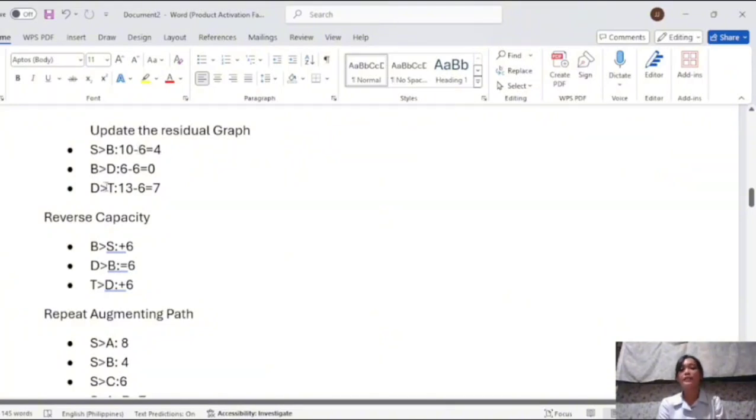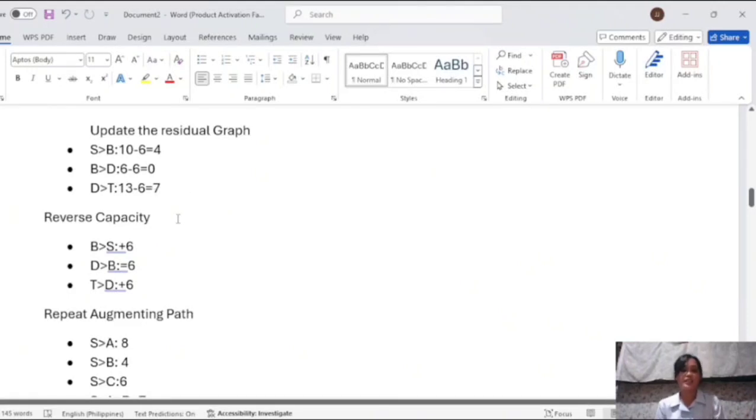The B and D is 6 minus 6, so the residual is 0. And the D and T is 13 minus 6, so the residual is 7.